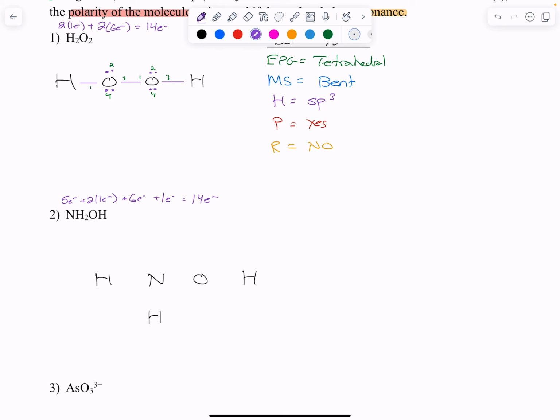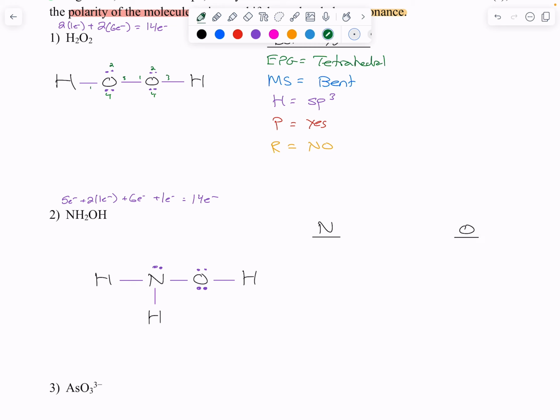Let's try it. 2, 4, 6, 8, 10, 12, 14. How's that look? Well, I think it looks good. Formal charge is good. Okay, so we have 2 central atoms, N and O.